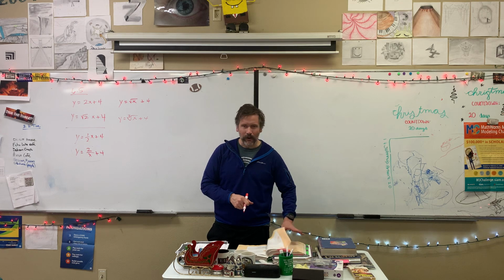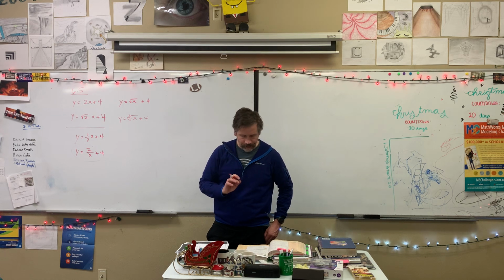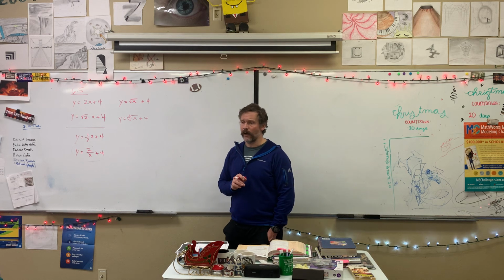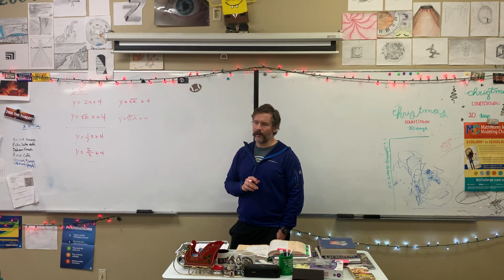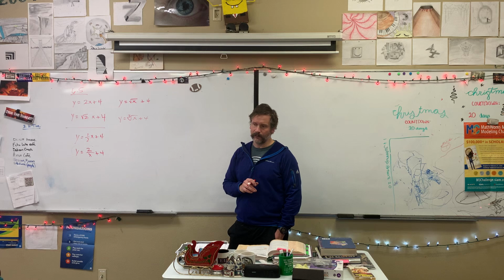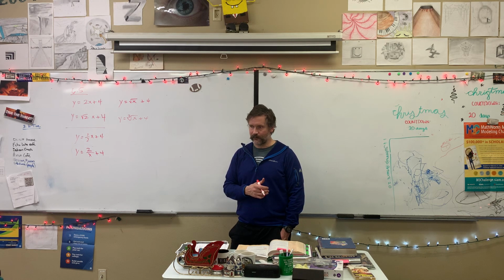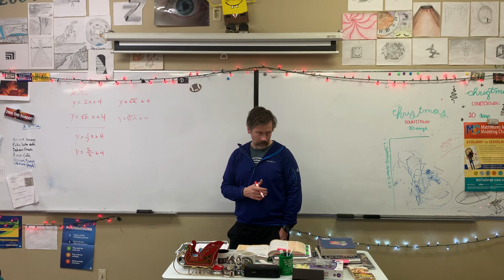When you square both sides of an equation, you can come up with what we call an extraneous root. Extraneous is extra. It doesn't mean you always do, but you can come up with an extra root that does not work.